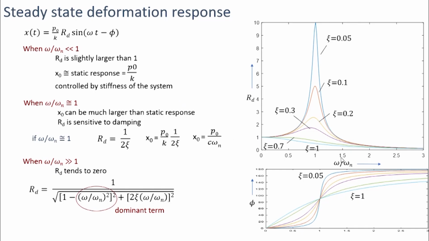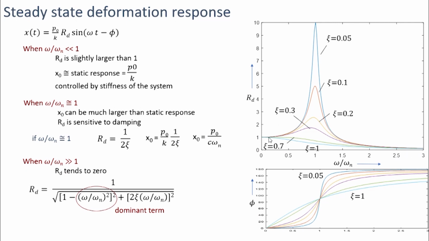So we can either design the system with a natural frequency such that the frequency ratio is much less than 1. In that case, our response will be the same as the static response. Or the other way is we can design it in such a way that the frequency ratio is much larger than 1. So in that case, the response will be close to 0.